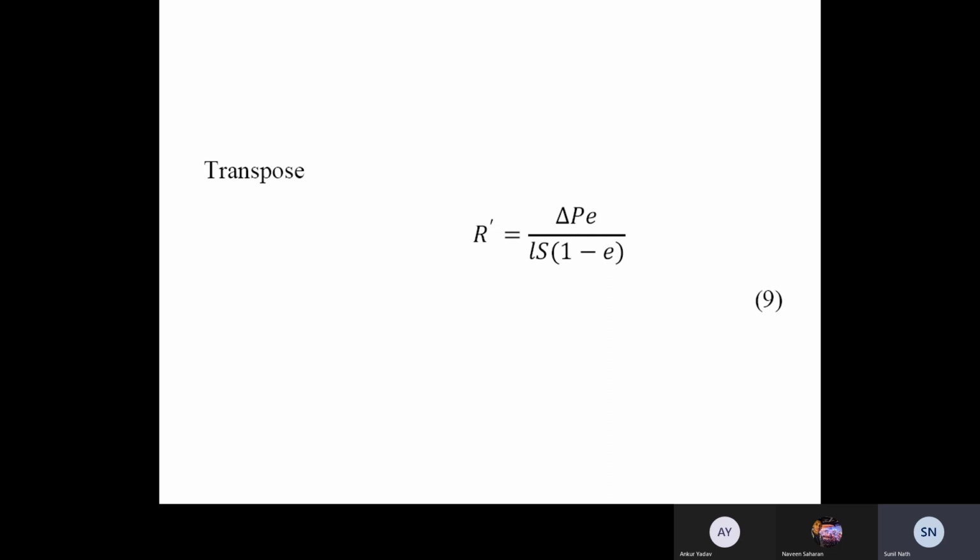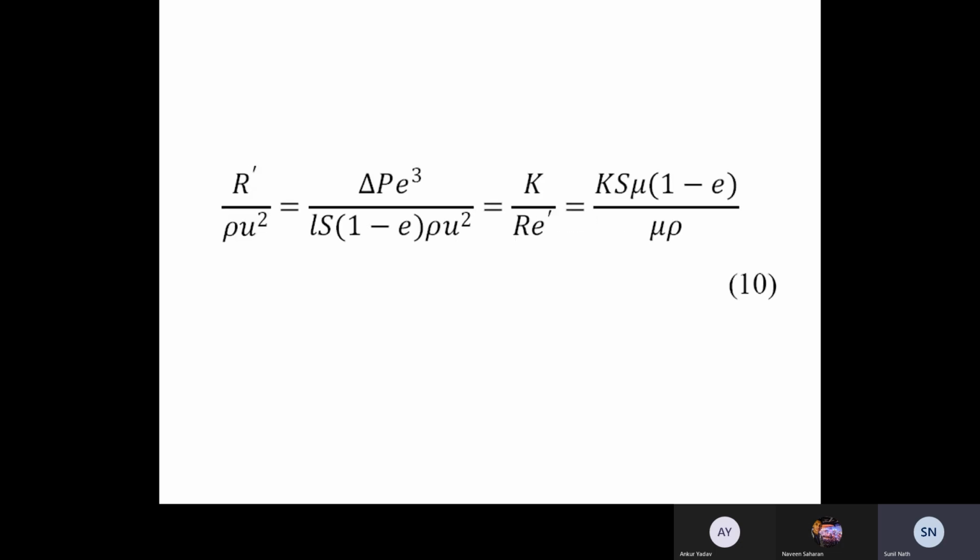Okay, so R prime is related to delta P, and I derived the equation also in terms of modified Reynolds number, and we showed that it's inversely proportional to Re, and the constant for low Reynolds number is 5, which is the value of K in this equation. All right.